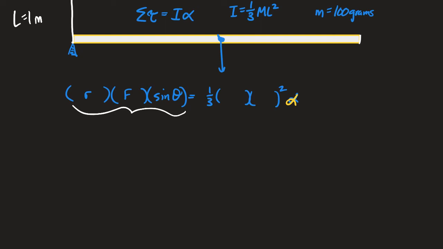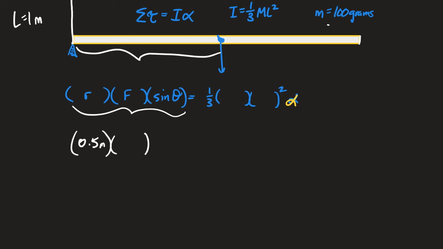So the torque is going to be whatever this torque arm length is. What do you think that torque arm length is going to be? 0.5. Sure, 0.5 meters, the distance to the middle of the meter stick. That's where the gravity is going to act. What's that force going to be? It's a lot of math to do in your head, right? 100 grams is how many kilograms? 0.1 kilograms, that's right.